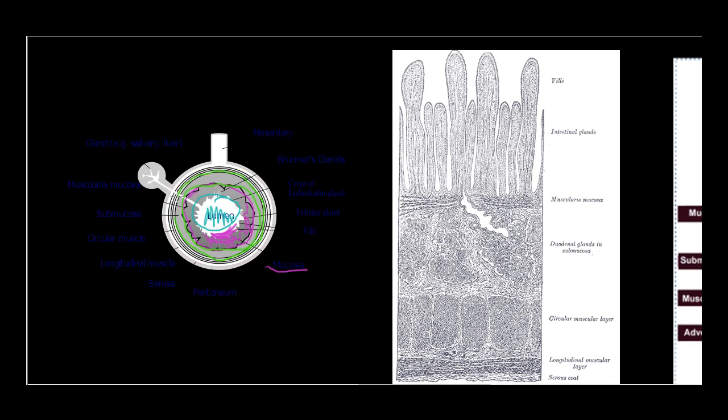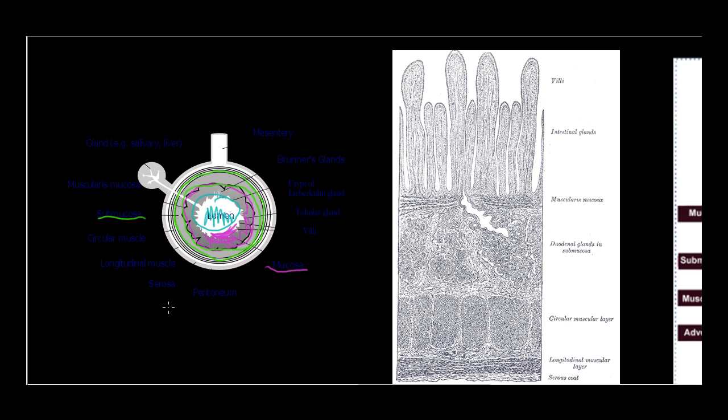And I'm just encircling it with this green ink. So submucosa, as the name suggests, is right below the mucosal layer, and it contains major blood and lymphatic vessels and the submucosal nerve plexus, which we'll talk more about shortly.